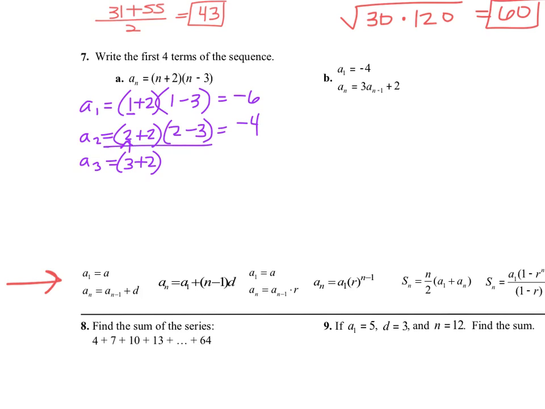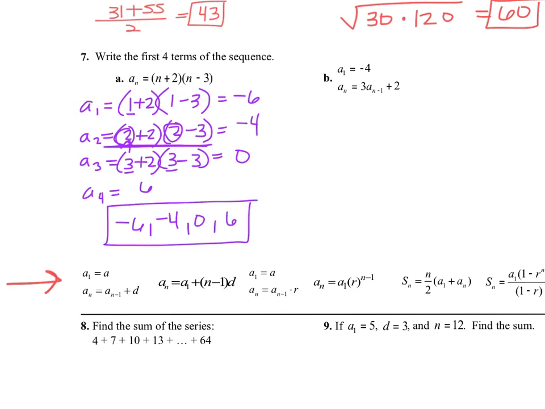We'll get this whole thing back. Just change this to a 3, change this to a 3. When you plug that in, you get 0. And then a sub 4, plug it in, make a 4 here and a 4 here, and that one you get a 6. So your first four terms would be -6, -4, 0, and 6.